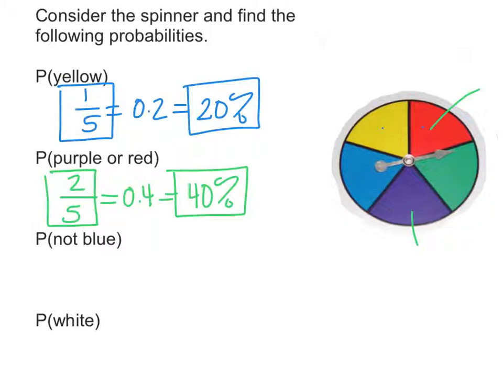The probability of not getting blue. Well, if you look at the spinner, we have 1, 2, 3, 4 sections that are not blue. So 4 sections are not blue out of the 5 total sections. This does not simplify, so if you divide it, you get 0.8, which is the same as 80%.